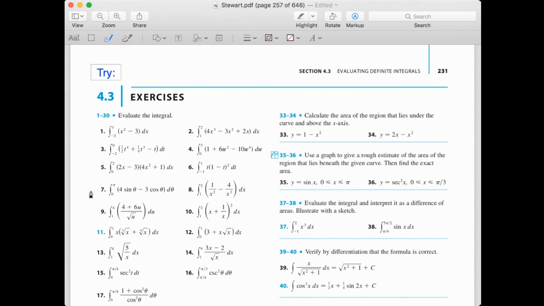So let's try up to 9. So 1 to 9. All right, so antiderivative each term, then evaluate at the upper limit, subtract the evaluation at the lower limit. All right, let's try this couple. So 1 to 9.